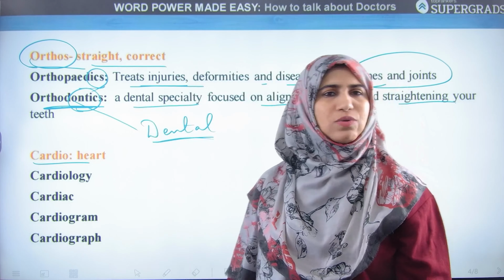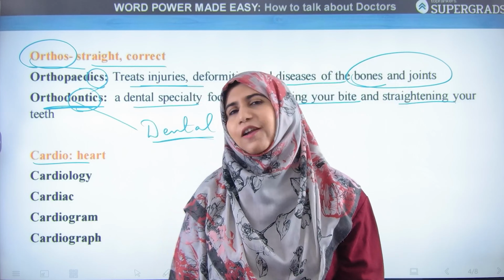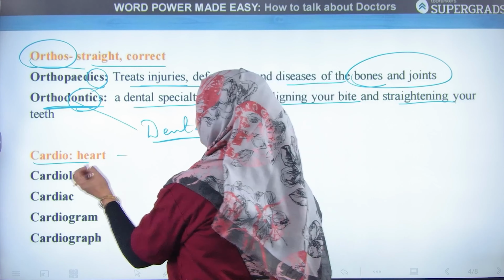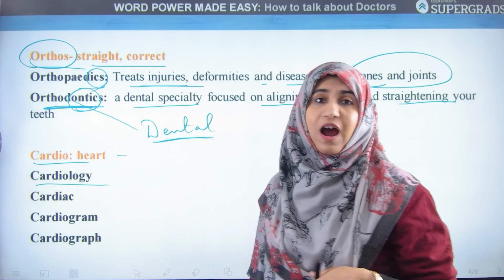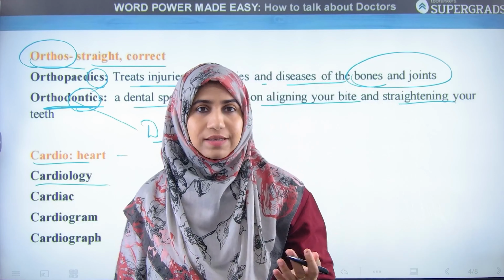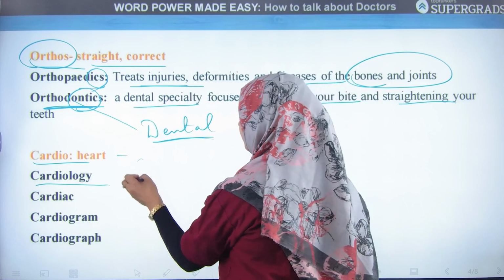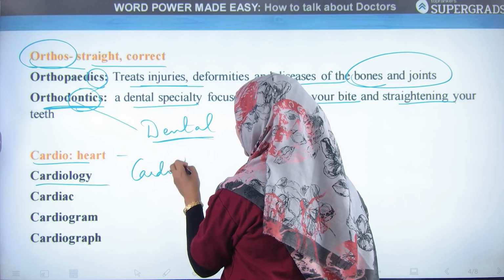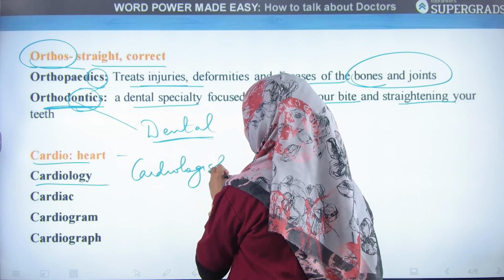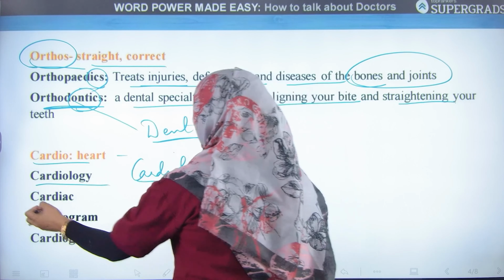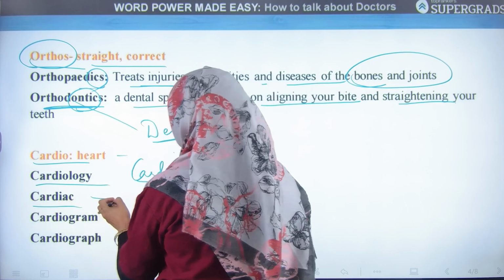Coming to the next root, cardio. I think we all know about that. Cardio is heart. Cardiology is the study of heart. A heart specialist is cardiologist. Right? We've discussed that. Cardiac. Cardiac is anything related to heart.